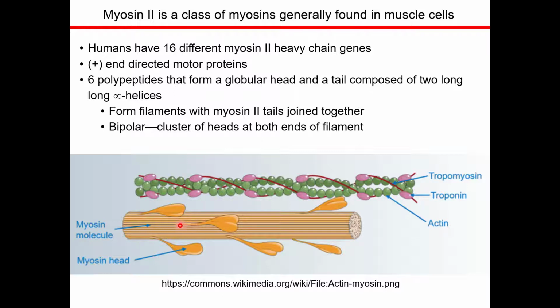The tails in myosin 2 are going to form these long filaments, and these myosin filaments are due to those myosin 2 tails that are all joined together. These filaments are what we call bipolar. There are clusters of myosin heads at both ends of the filament, and that will be a little bit more clear in a moment when we look at the structure of muscle cells.